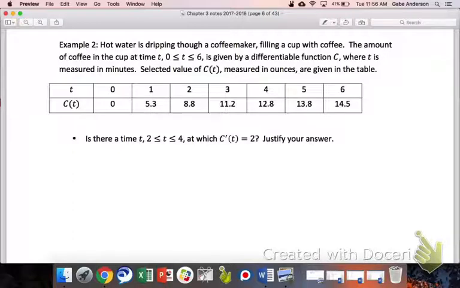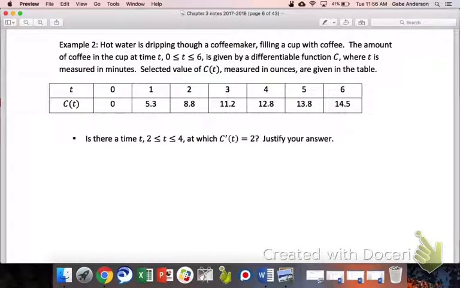So how does c prime relate to the table? Derivative of the function. Okay, and derivative on a graph is also known as rate of change, also known as slope of the tangent line. So c prime is related to the table, and c prime is the rate of change, the slope of the tangent line.